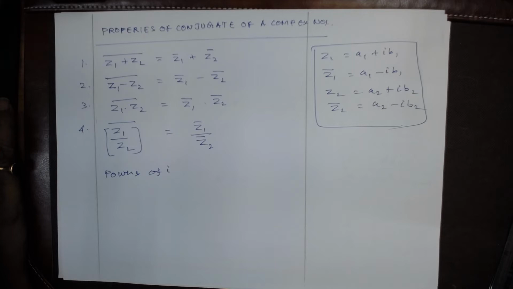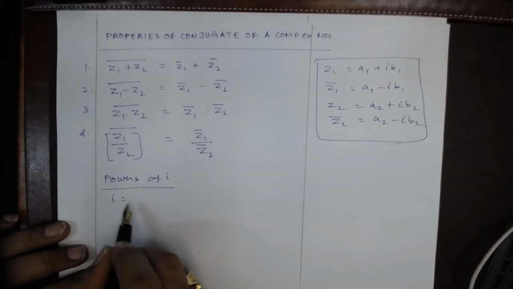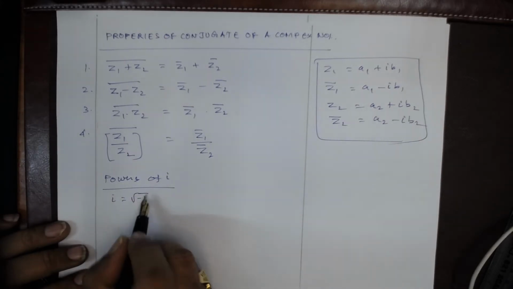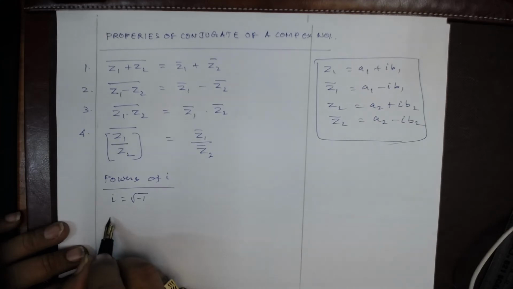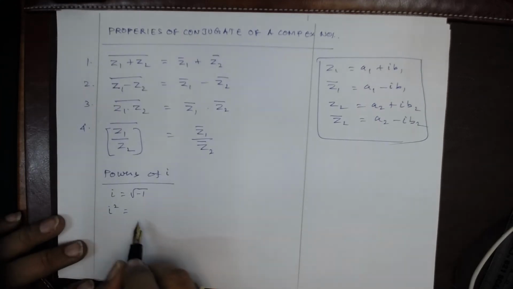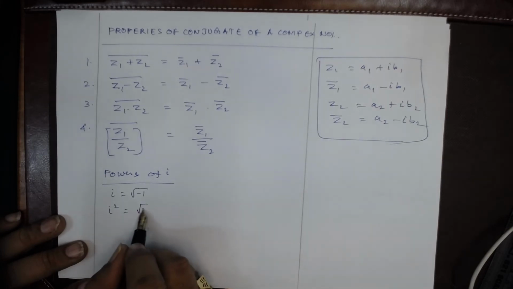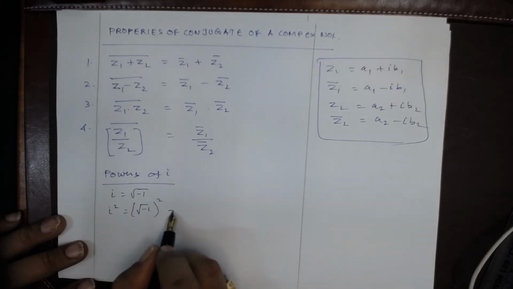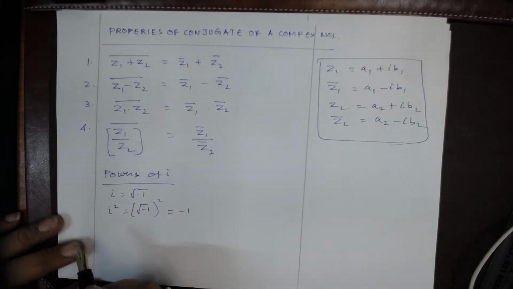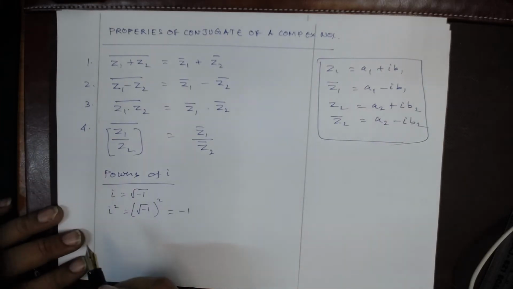Powers of i also. Right. The powers of i. We know i is equal to the square root of minus 1. And i squared, squaring on both sides means you are squaring root of minus 1 also. That is equal to minus 1. So i squared is equal to minus 1.